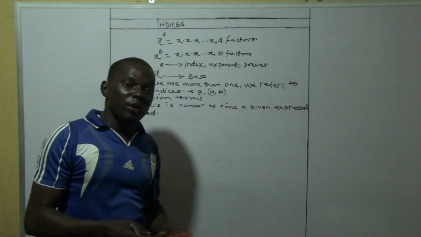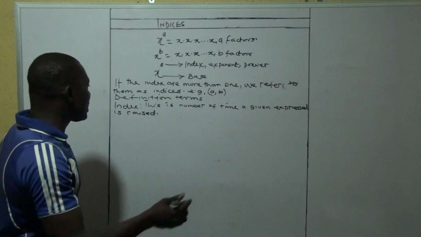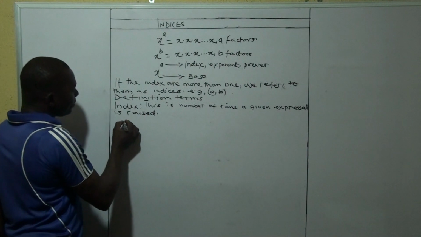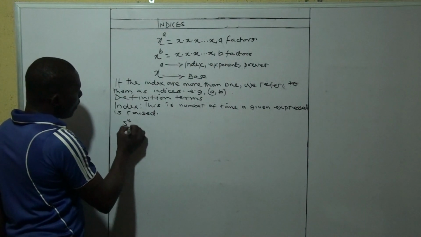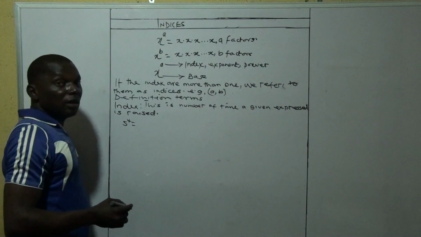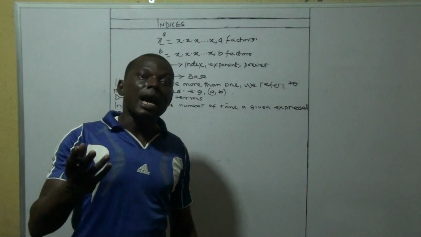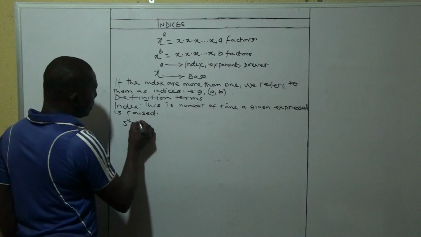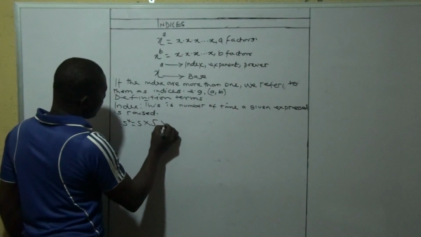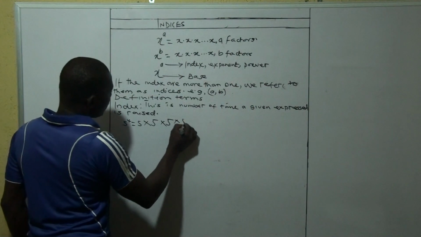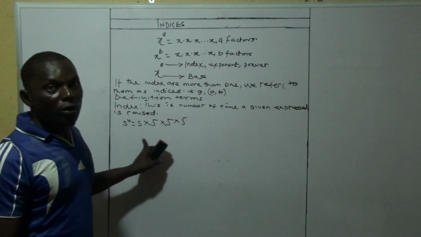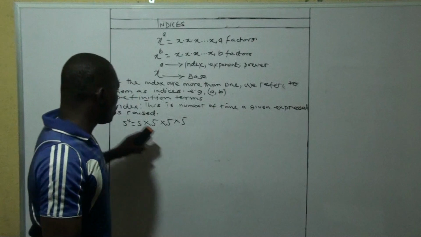Expression here could be your number here that is raised. For instance, if we have 5 raised to the power 4, it simply means 5 is multiplying itself 4 times. So this is 5 times 5 times 5 times 5. That is the meaning of this. So here, this is just one index.